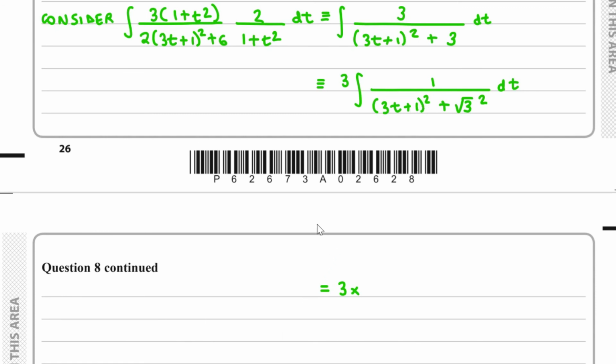So the result of this is, well, clearly a here is root 3.